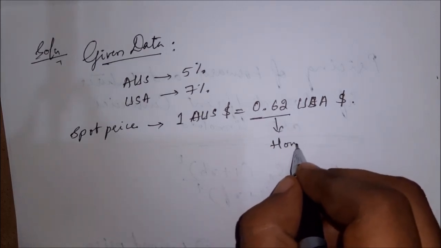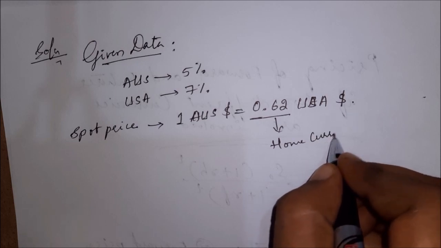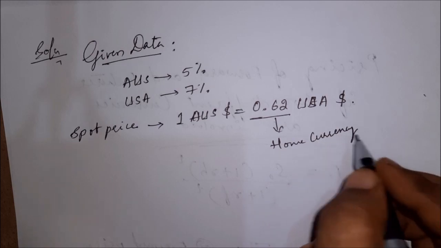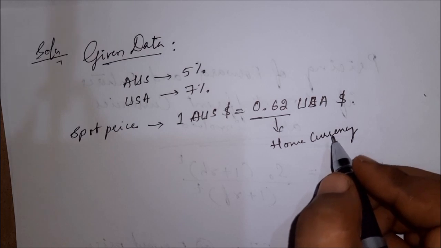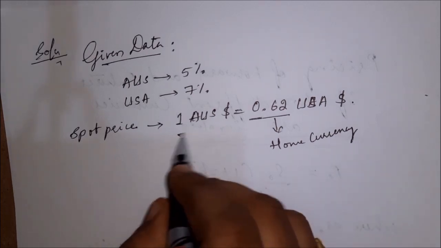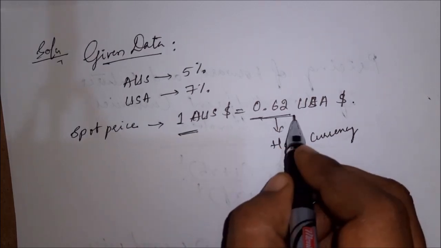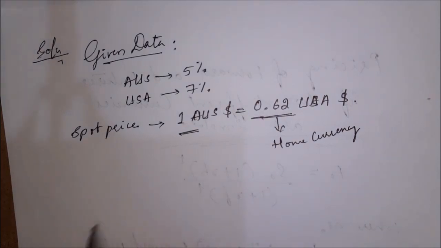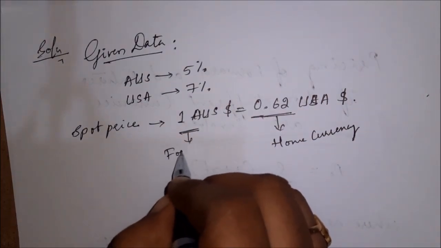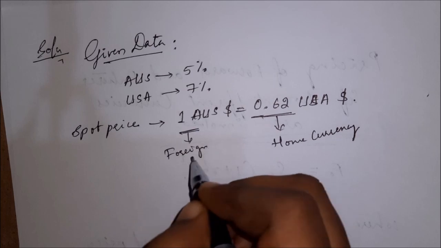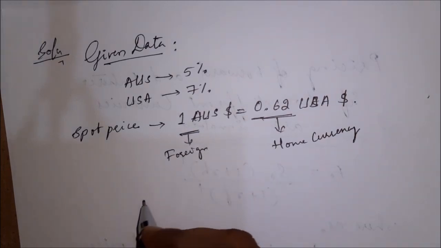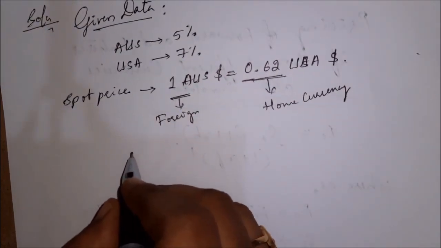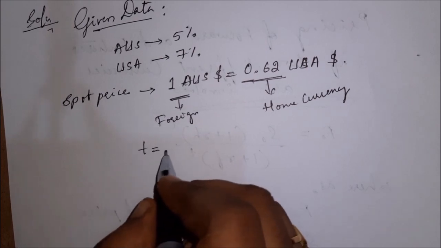It is the home currency. How will you know which is the home currency and which is the foreign currency? By this unit: the one unit currency is called the foreign currency, and the currency it is compared with is called the home currency.